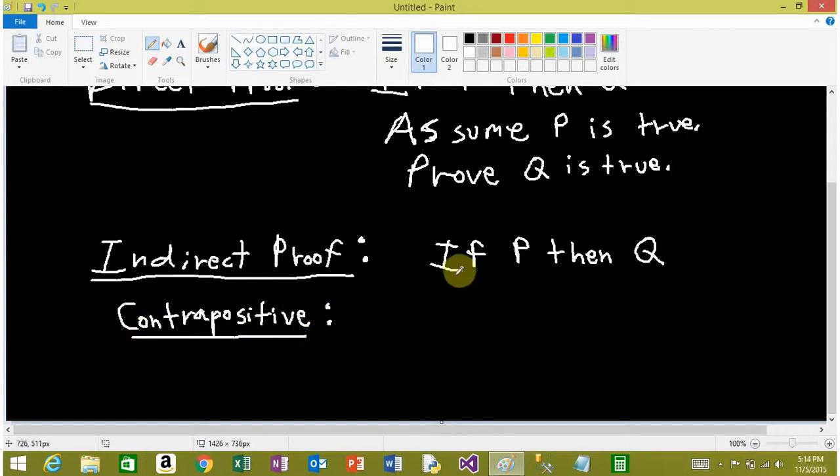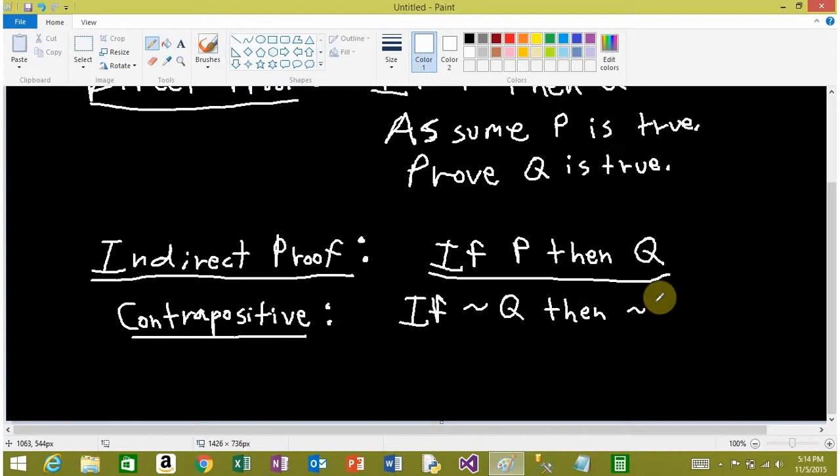Proof by contrapositive means that we're going to take the contrapositive of this conditional statement, if P then Q. If we remember what contrapositive means, it's like taking the converse, but you're negating both statements P and Q. So it's going to be if not Q, then not P. That is the proof by contrapositive: switching the roles of Q and P and negating both of those statements.